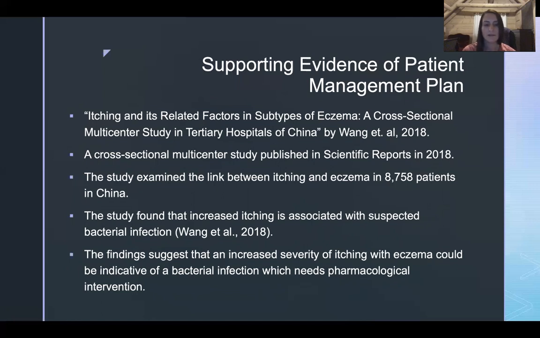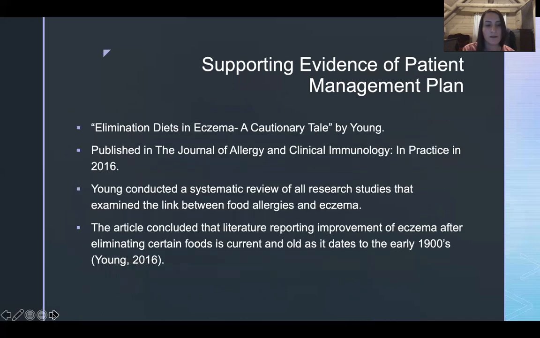These findings suggest that an increased severity of itching with eczema could be indicative of a bacterial infection. The bacterial infection needs pharmacological intervention, so the patient would need to see a doctor if they have increased severity of their itching.